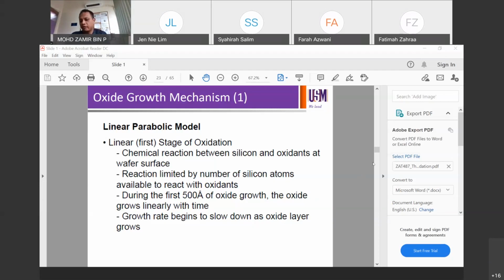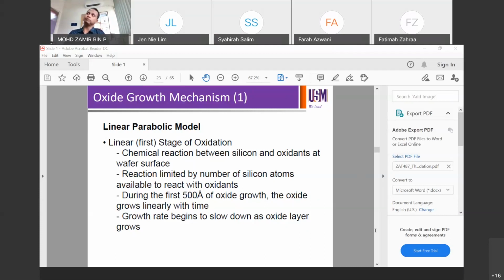Can we plan the number of atoms before the process? Inas, any idea? Izian, any idea Izian? Bila kita punya number of silicon atom higher or lower? What determines that?